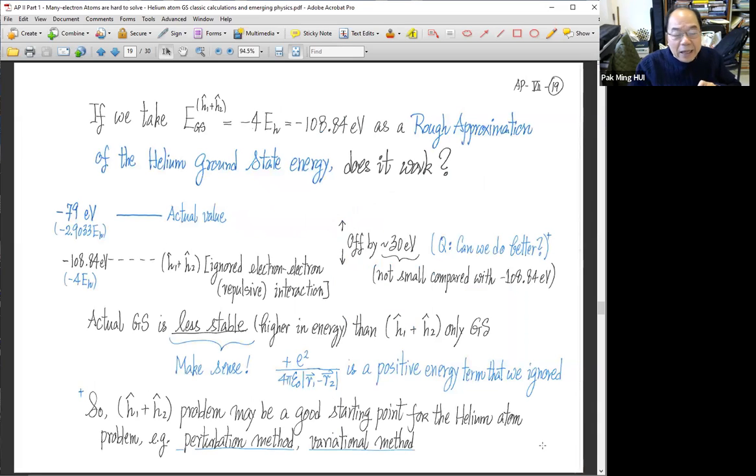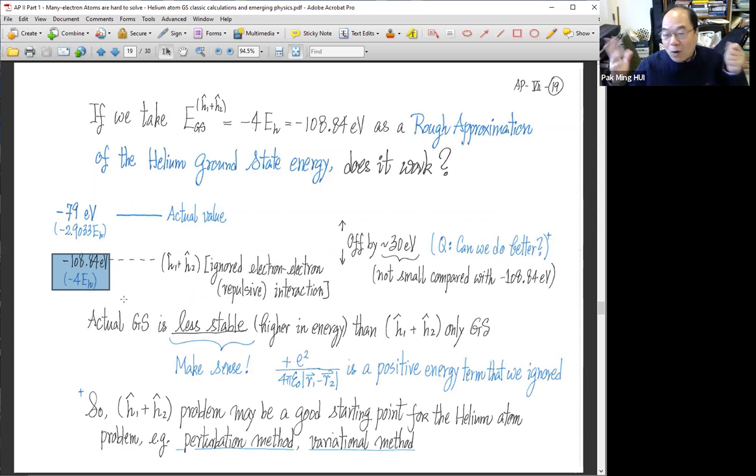So let's see how bad we have been doing ignoring the interaction term. So what we got is, if we only take this solvable part, ignoring the repulsive energy, then we predict the ground state to be of this number.